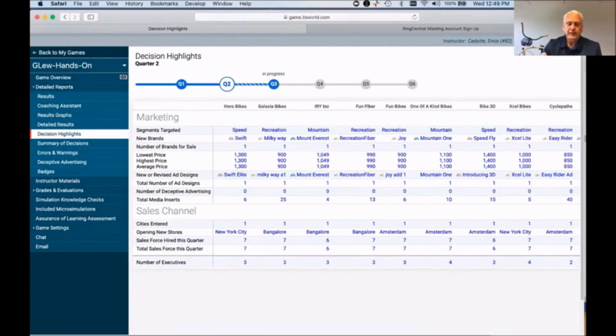And they may change the original brand, add a new brand. They may take the new brand and target the same segment or a different segment. There's a lot of flexibility. So these things are available to you.